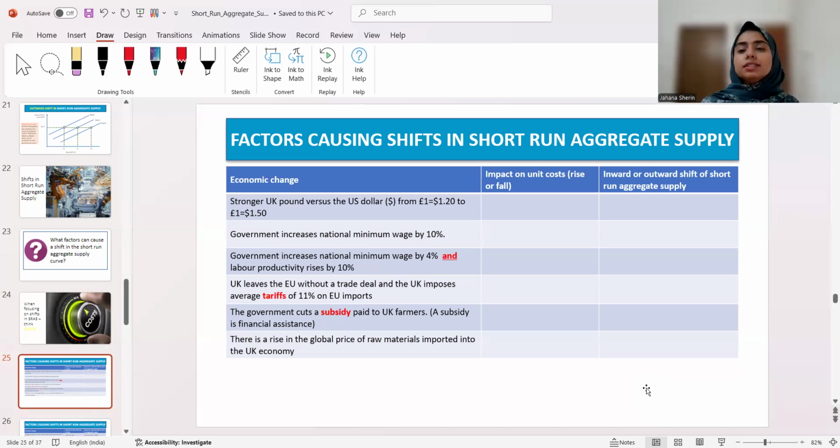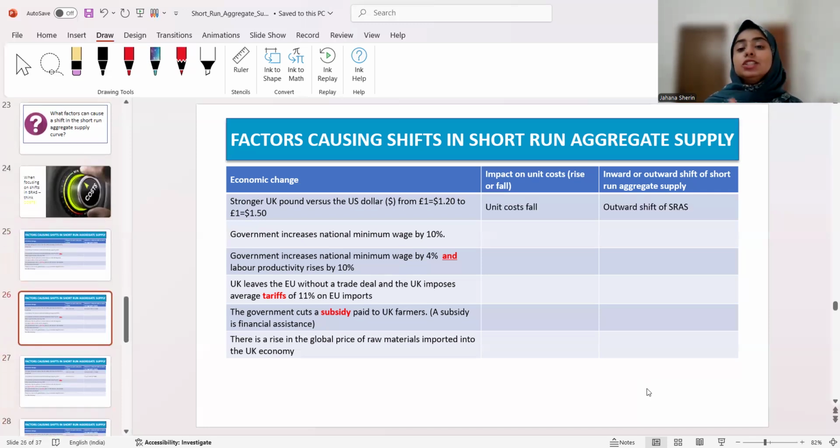So how is this change in exchange rate going to affect the unit cost? Can you tell me? Okay, so will unit cost increase or decrease? Unit cost will fall because their currency has become stronger.